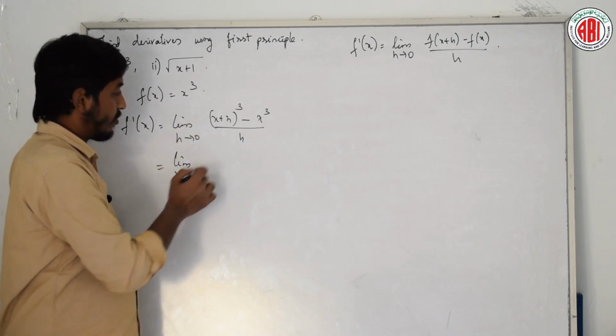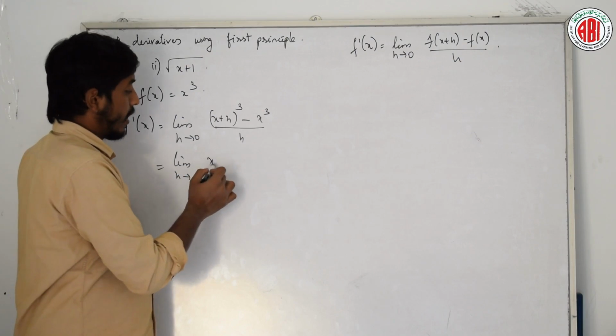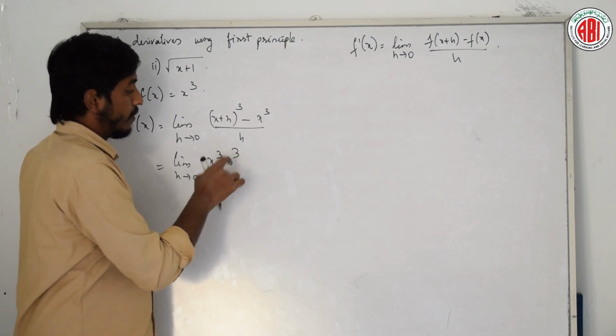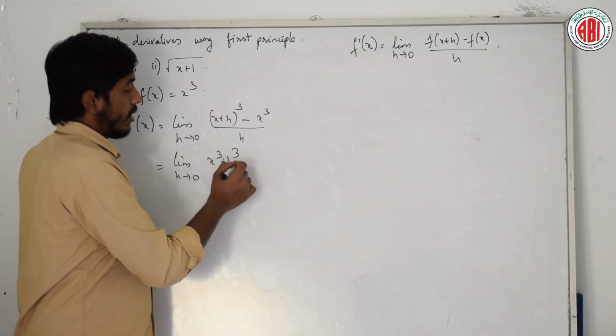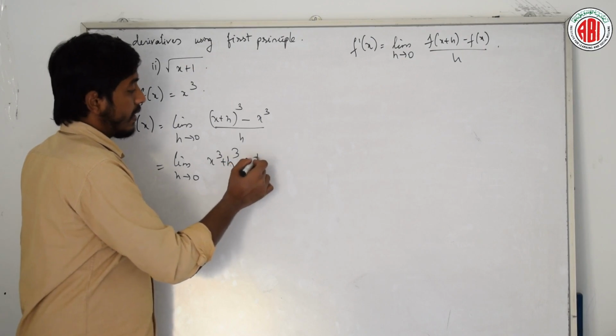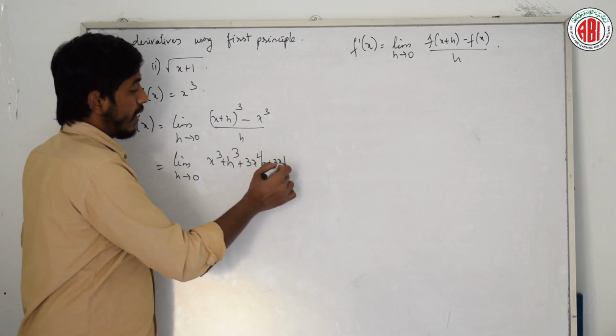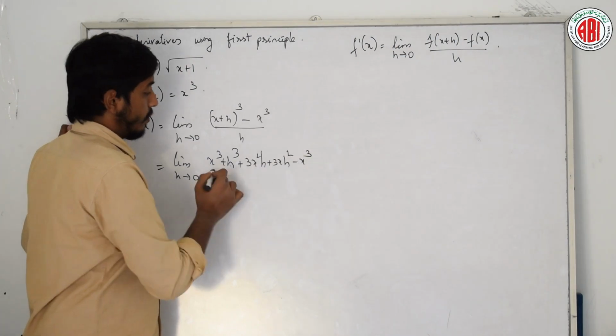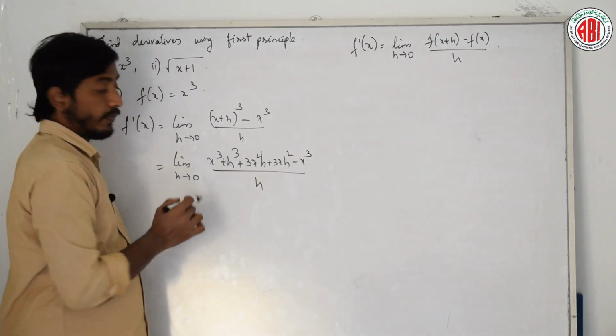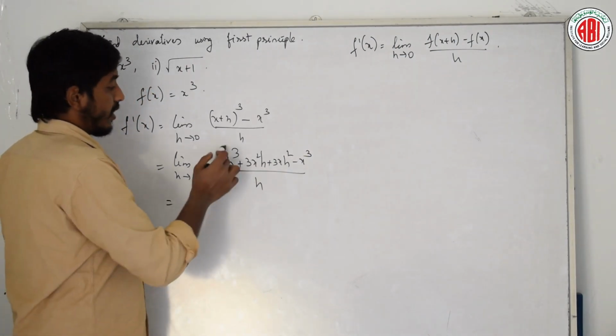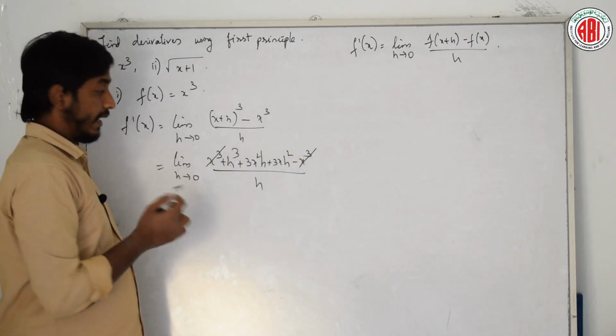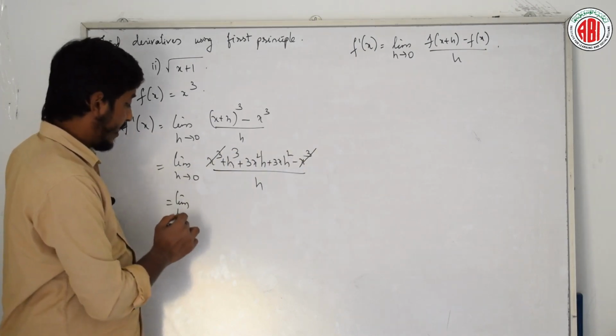Limit h tends to 0. What is a plus b whole cube? a cube plus b cube, that is h cube, plus 3a square b plus 3ab square, minus x cube by h. Is it fine? Just check what are going to cancel. x cube and x cube will get cancelled. Then limit h tends to 0.